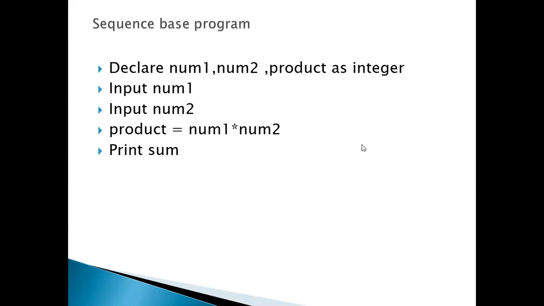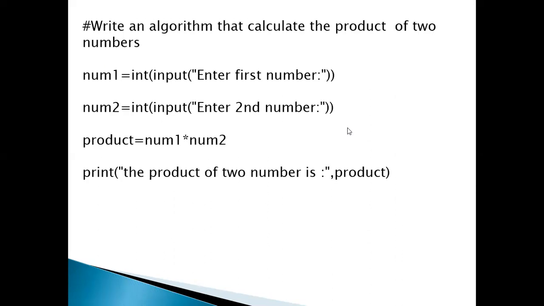So here you can see the output you have sent me. This is basically Python code. The program is totally similar to the previous one, and the only difference is multiply. Okay.